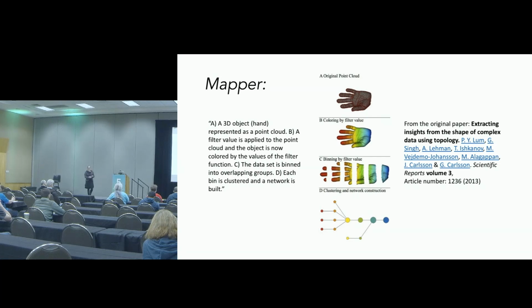So let's go back to this picture for a minute. Here is the hand. To go into a little bit more detail, the color on there is actually useful. The red to blue on the hand, that's some metric that you put on, and you've got to have some filter function.